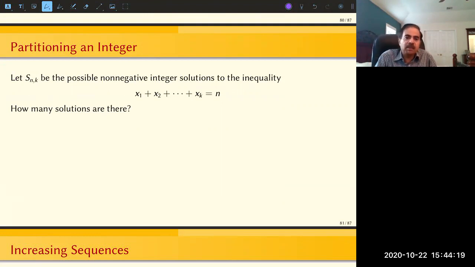Haven't we seen this problem before? No? Think, we have seen it before. It's one of the problems that we have looked at.